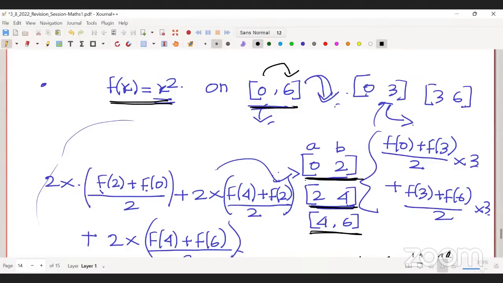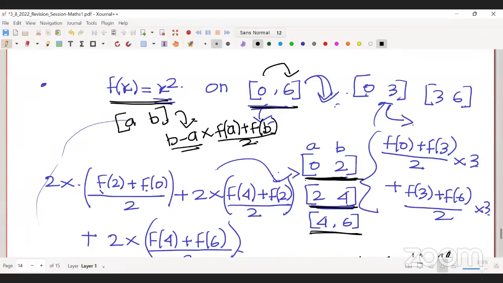If some interval a, b is given, then for this interval the trapezoidal sum is b minus a times f of a plus f of b, divided by 2. So for this interval, what is b minus a?